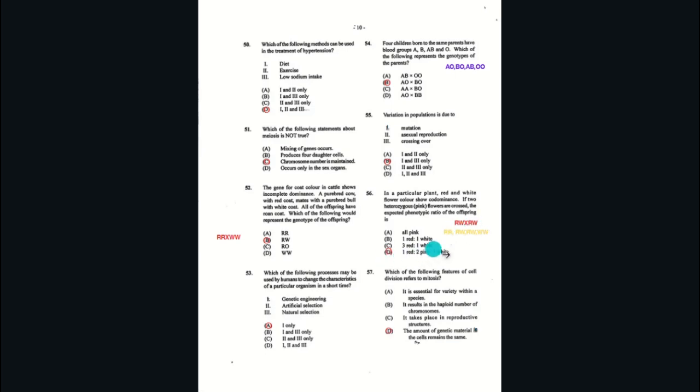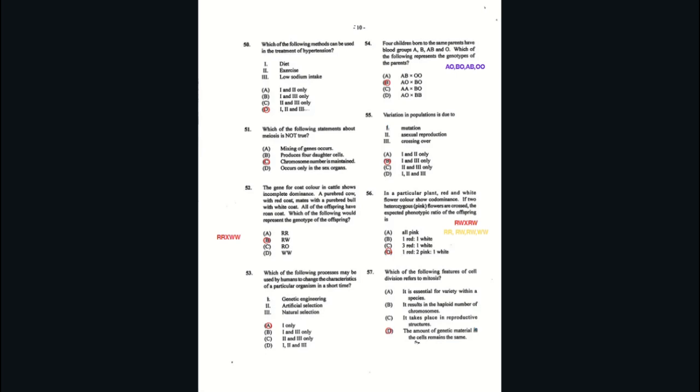So basically RW times RW, since both of them are heterozygous pink flowers, we cross both of them, and this is going to be the genotype of their offspring. We're going to end up with 1 RR, which is completely red, 2 RW, which would be about 50%, and so these are going to be pink, just like the parents, and then you're going to have 1 which is white, right? So the answer is going to be D, 1 red, 2 pink, 1 white.